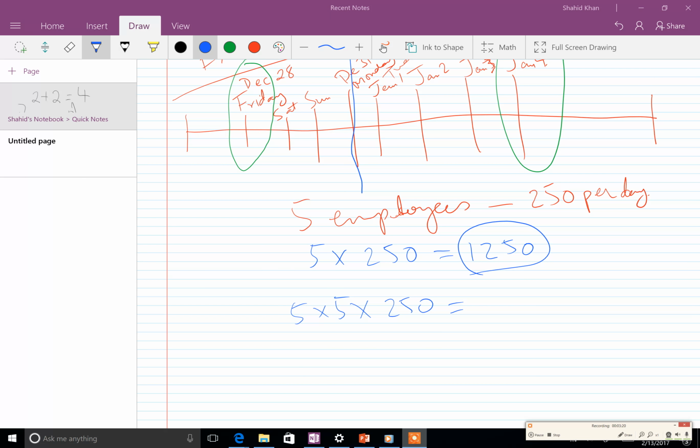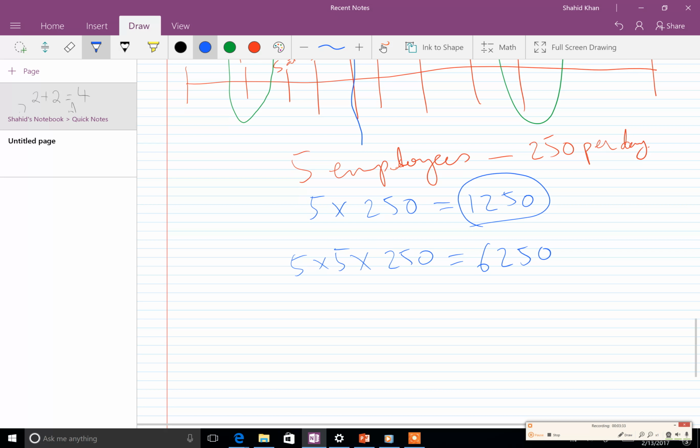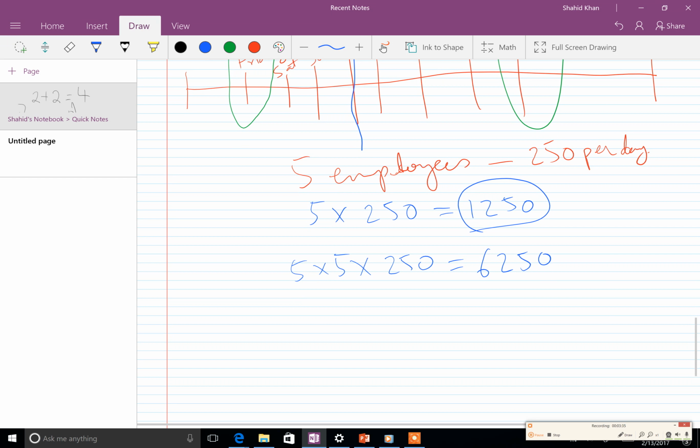that is 6,250. So on December 28th, the entry would have been a credit to cash of 6,250, and a debit to salary expense, or wages expense, of 6,250.